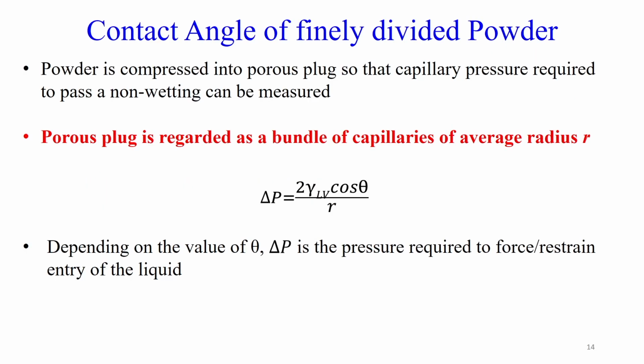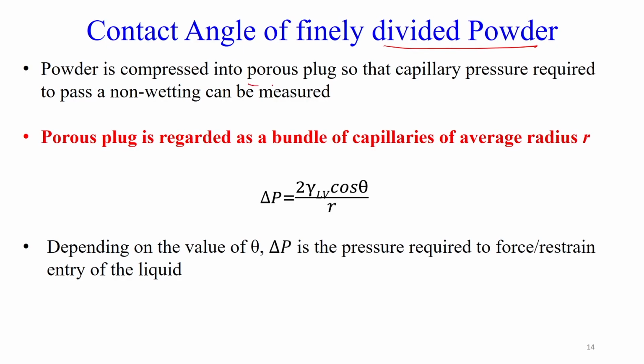That is for a flat surface. Now if you have a powder sample, can we measure the contact angle of a powder sample? For this we go for the column method or the plug method. So, we prepare a porous plug in which the powder is compressed.